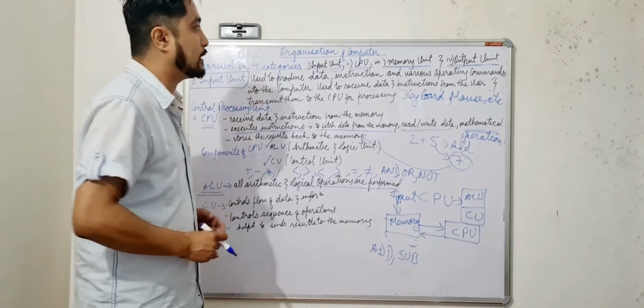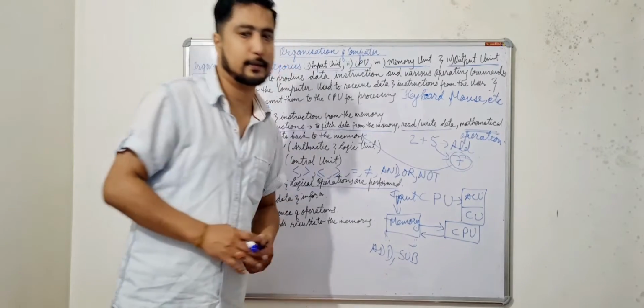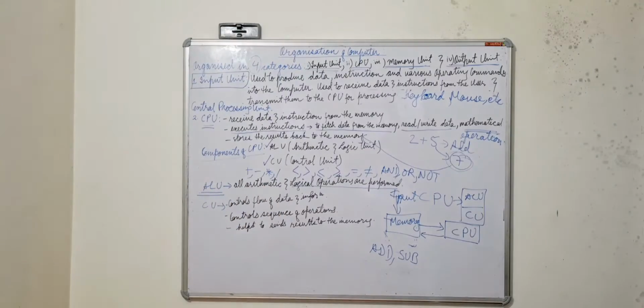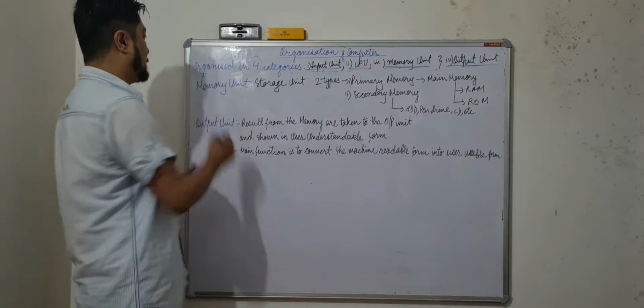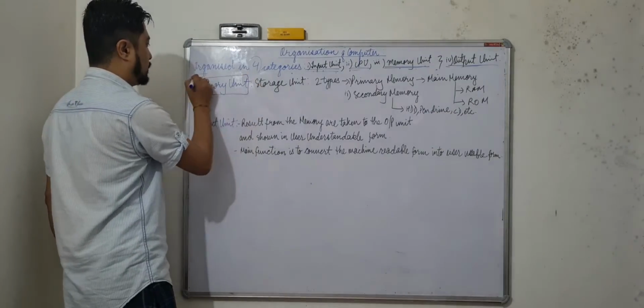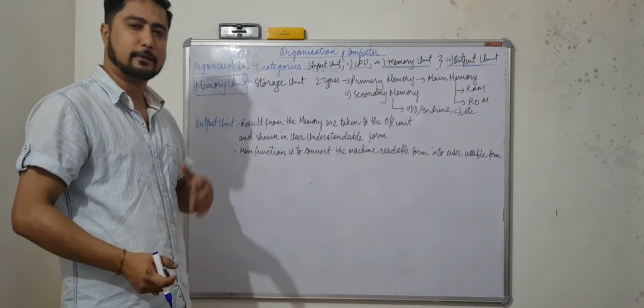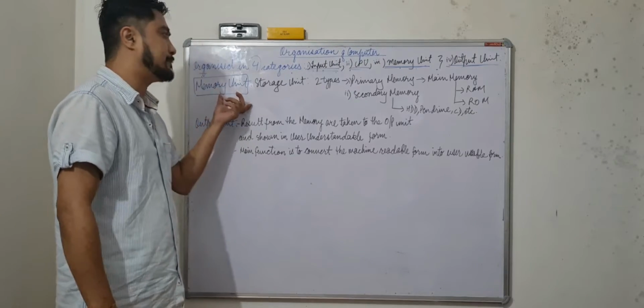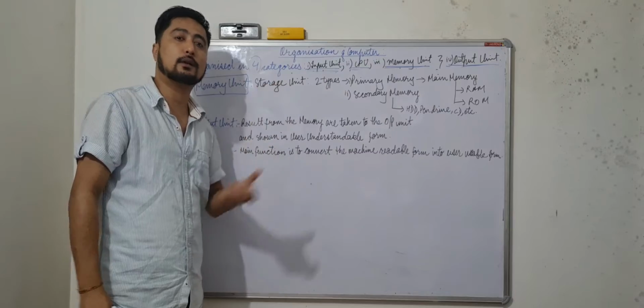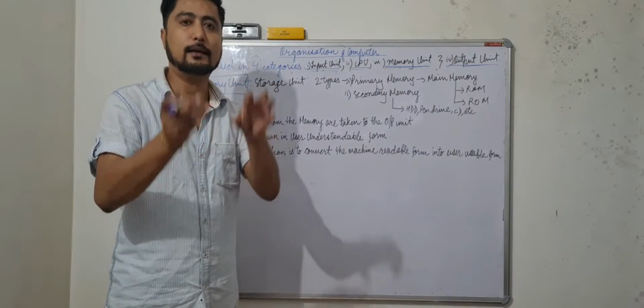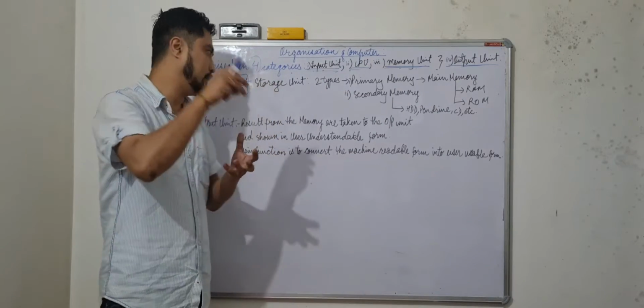The next one is the memory unit. Let us see what this memory unit is. It is a storage device, or storage unit, where the data and information are stored.